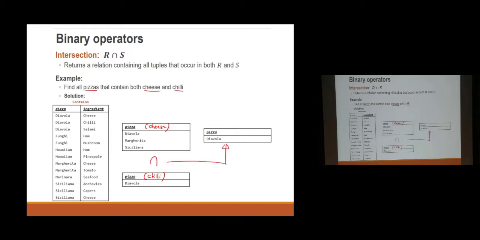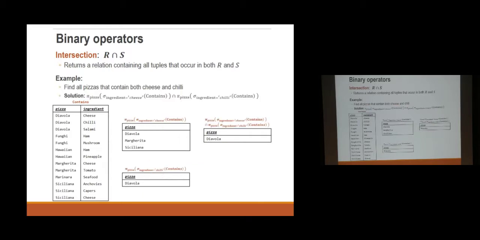Okay? To get everything that contains cheese or everything that contains chili, you need to use selection. And then you do projection so that you remove the ingredient. Alright? So that's how you can solve this. This part, you select first everything that contains cheese, and then you project such that you only have the pizza name.